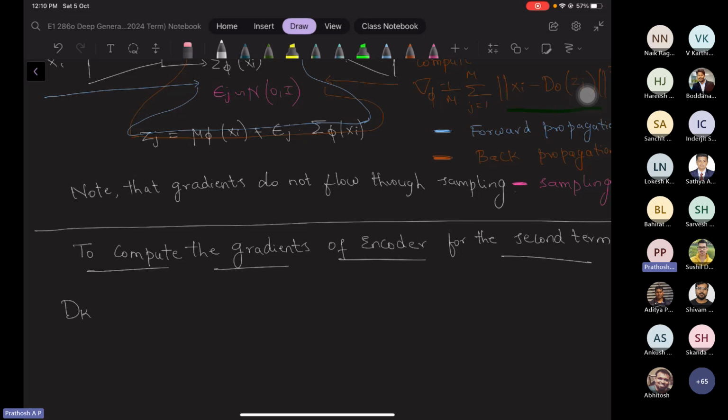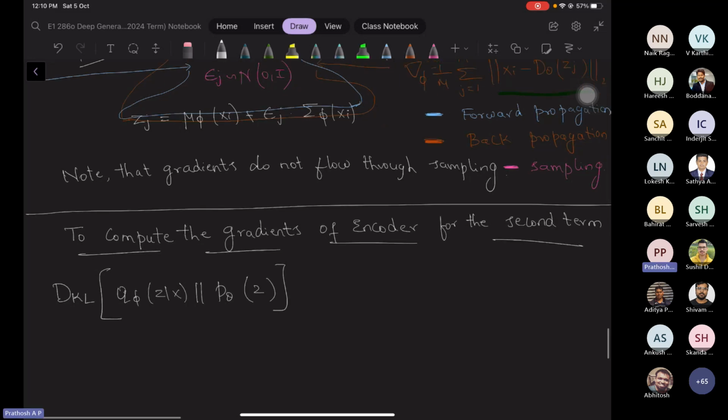The second term is the KL divergence between q phi of z given x and p theta of z. Now what is done is p theta of z is assumed to be normal 0 1. Note that this is assumed to be independent of theta.